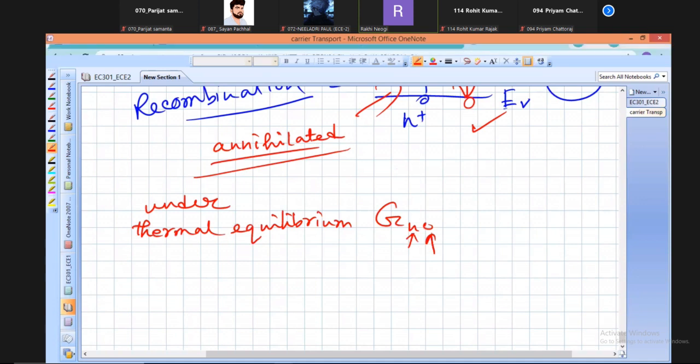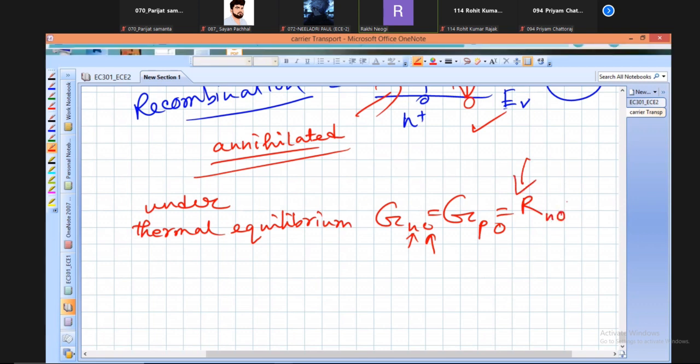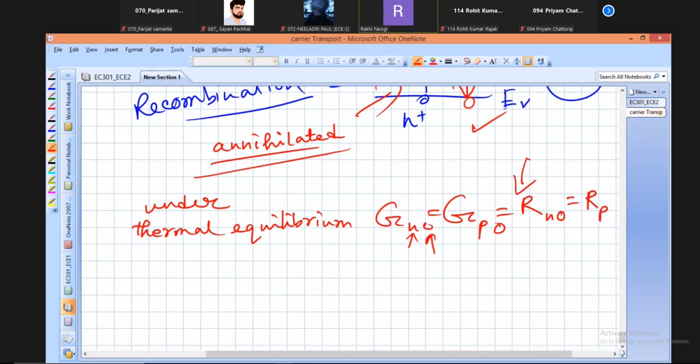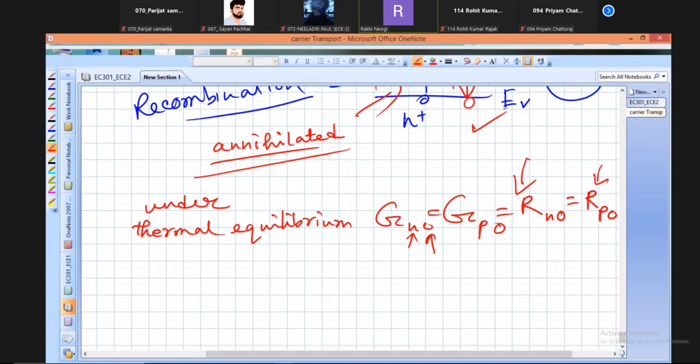O stands for equilibrium, G for generation, n for electron. The generation rate of electrons under thermal equilibrium will be equal to the generation rate of holes, which will be equal to the rate of recombination, denoted here by capital R, for electrons, and the rate of recombination of holes under thermal equilibrium. That's why there is no net buildup of carriers.